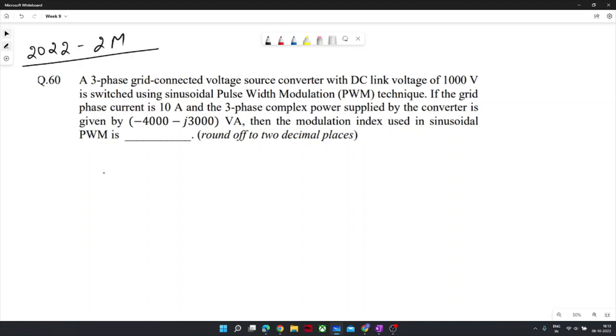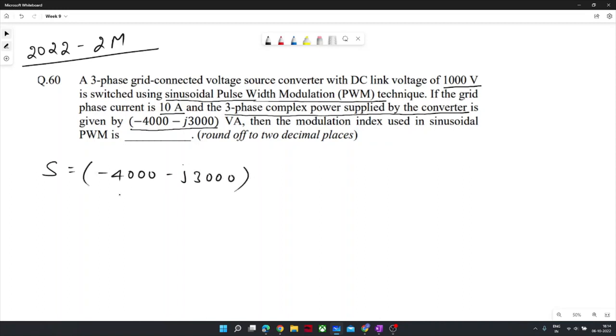Here, the grid is connected to a DC link voltage of 1000 volt, and it is switched using sinusoidal pulse width modulation. The grid phase current is 10 ampere, and the three-phase complex power supplied by the converter is given. S is given as minus 4000 minus j 3000.